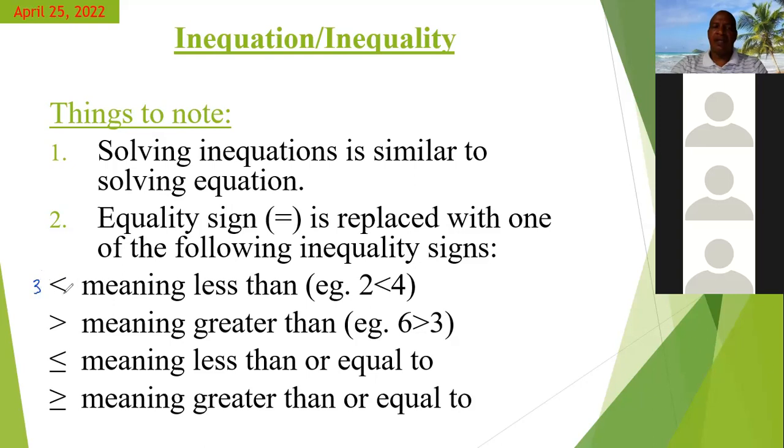So if you have 3 and you have 4, we can say 3 is less than 4 because the pointed side points to the value which is less. So you read from left to right: 3 is less than 4. But now we can say 4 is greater than 3. Right? Anybody have any problem with that?